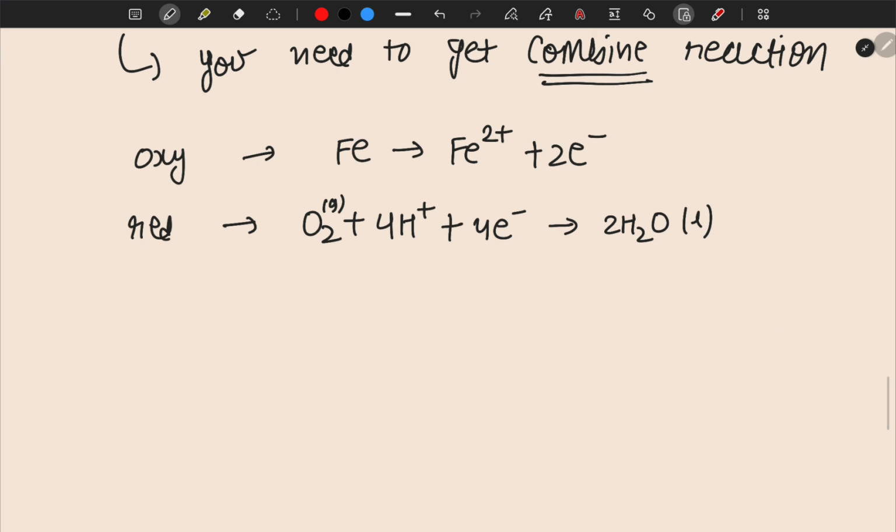So first of all, when you want to make a combined reaction, the first target should be to get rid of this electron number. The best way to get rid of this electron number is to make them equal. So here I can see 4 electrons, here I can see 2 electrons. So I will try to make this 4. Let's call it equation 1 and equation 2.